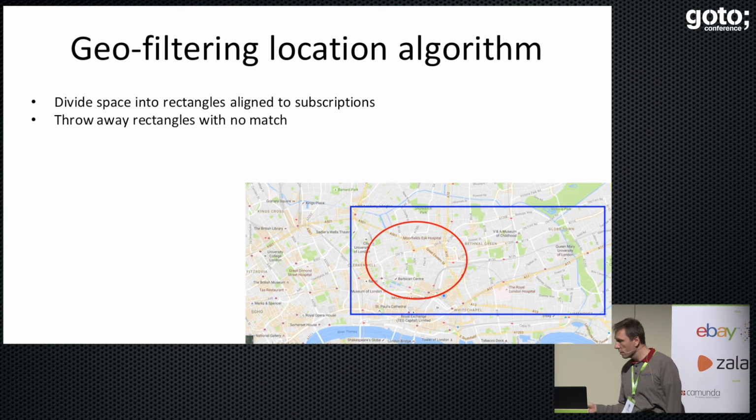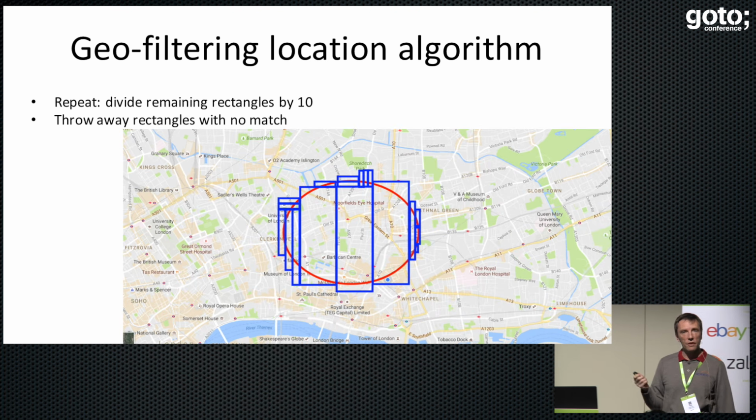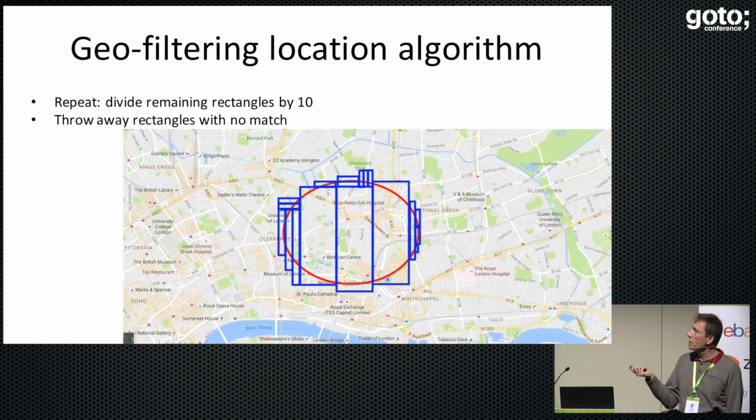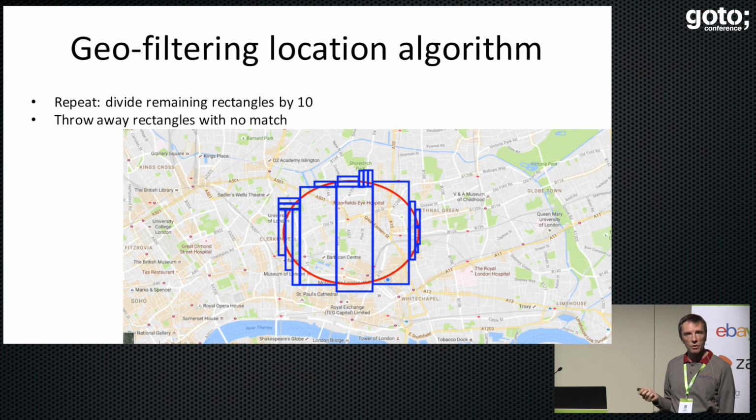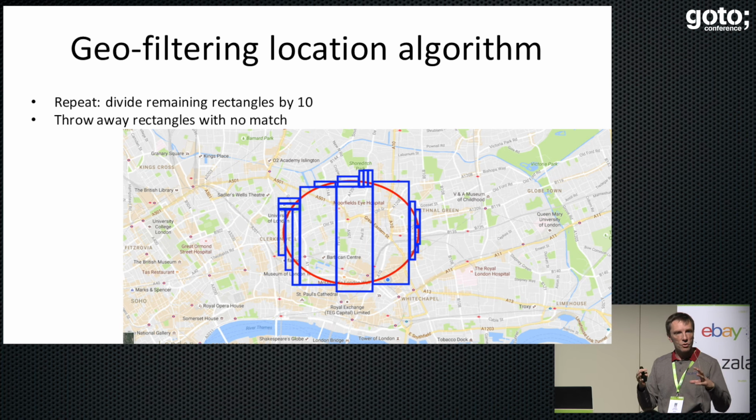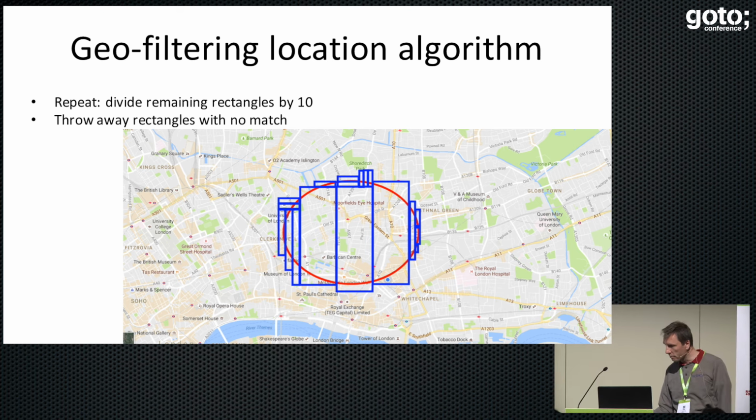If it does, we then move down our significant digits, generating our smaller subscriptions, and we just keep doing that. So we divide our quadrant up into 100 smaller quadrants and throw away those that don't match and keep those that do, and then we do that for every single one of those that do match and just keep going until we get the desired level of accuracy. Yeah, it's quite a neat little algorithm.